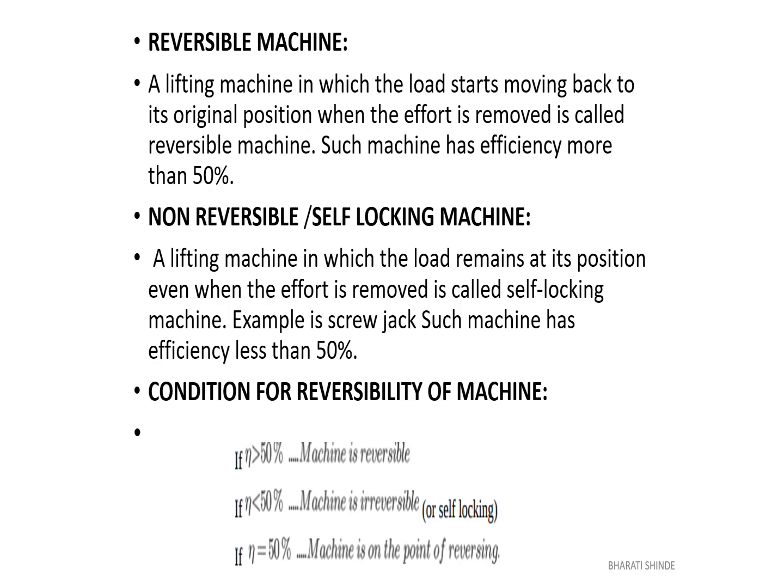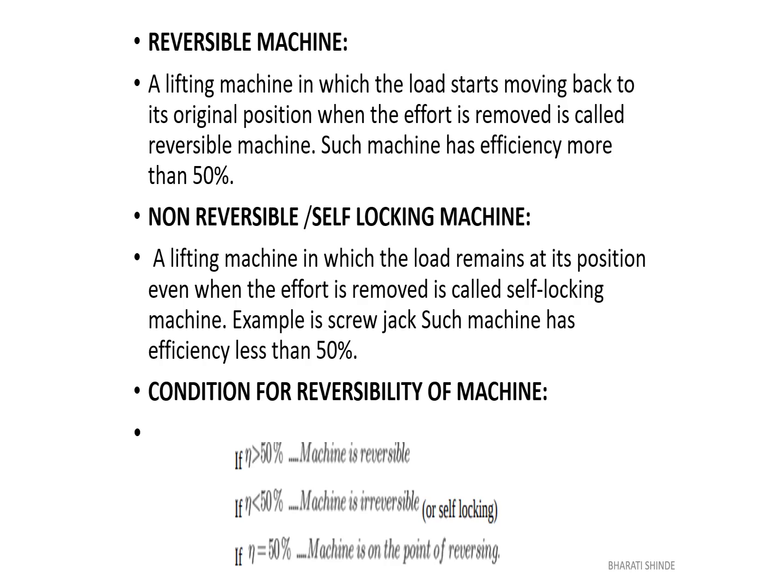Then we will see the concept of a reversible machine. A lifting machine in which the load starts moving back to its original position when effort is removed is called a reversible machine. Such a machine has efficiency more than 50%.